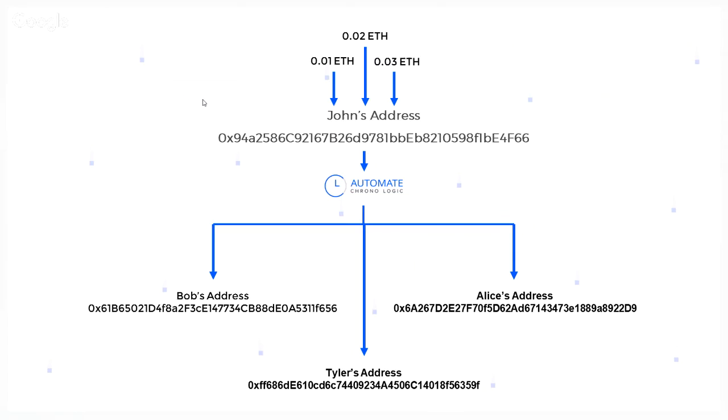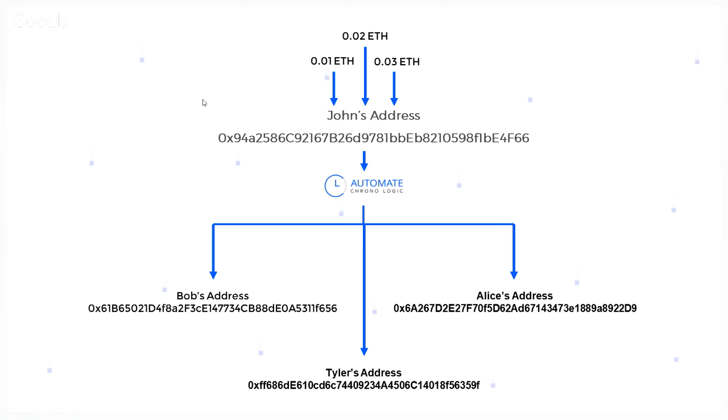If you want to play around with this, you can even do things a bit more complicated. Let's say, in another example, you have a payment to make to Bob, Tyler, and Alice at a certain point in time, but you can only pay them if they have concluded a work or a gig.